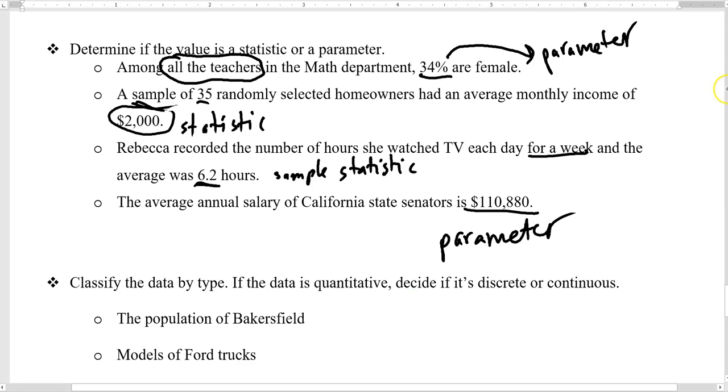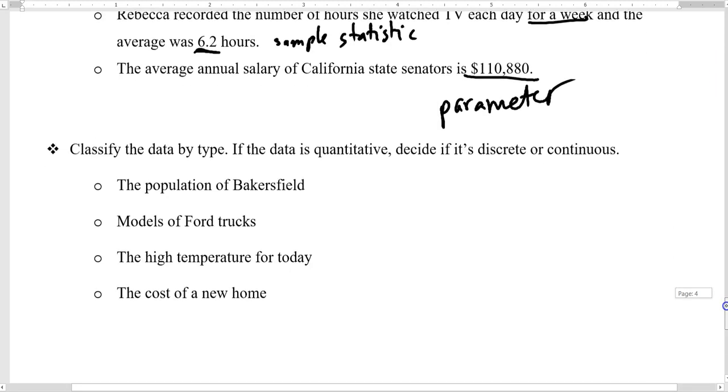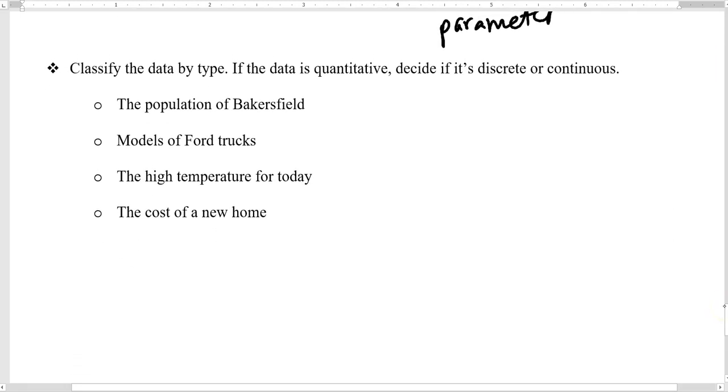And last but not least, classify data by type. Oh, I forgot to change this. I live in Bakersfield, so population of Bakersfield, I mean Porterville. All right, Porterville. If I did the population of Porterville, what type is it? Well, would it be rational?